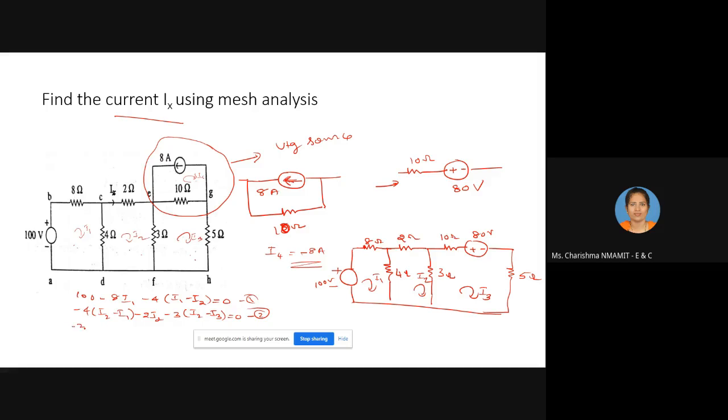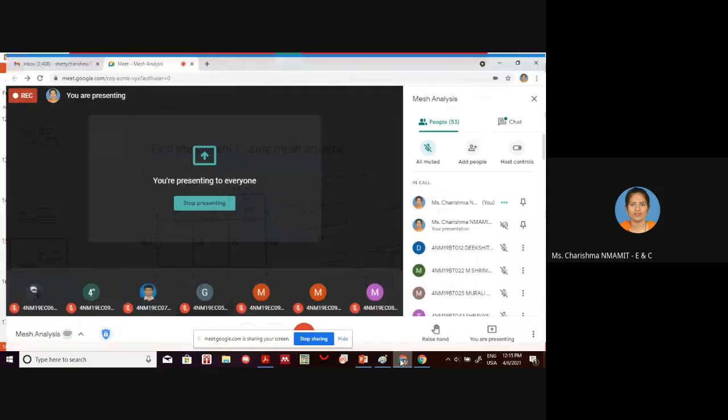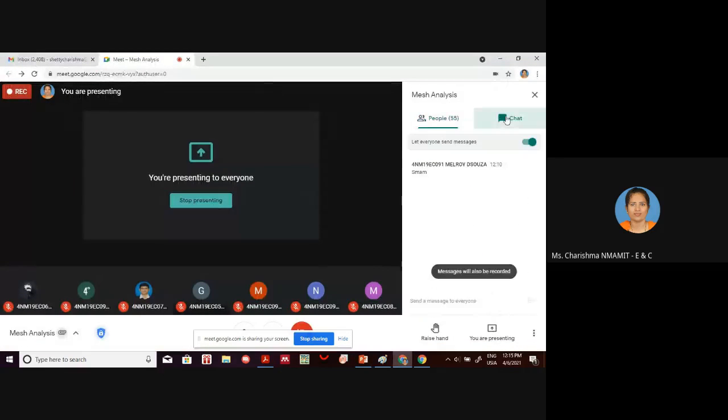Then minus 3 into (I3 minus I2) minus 10 into I3, plus to minus, minus 80, minus 5 into I3 equal to 0. This is the third equation. What are the values of I1, I2, I3?